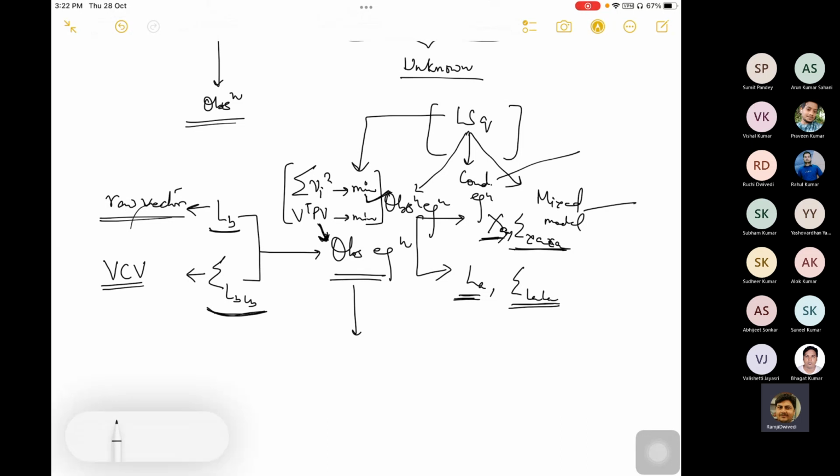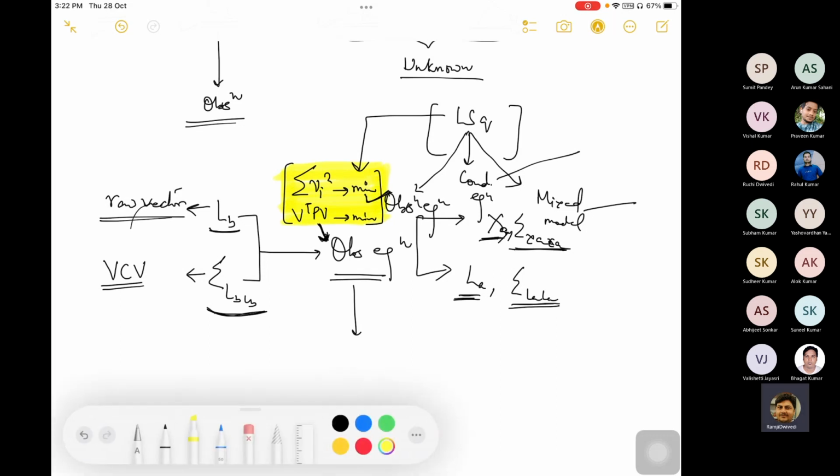This is the thumb rule for which you are doing this adjustment, while finalizing which adjustment method you would choose.